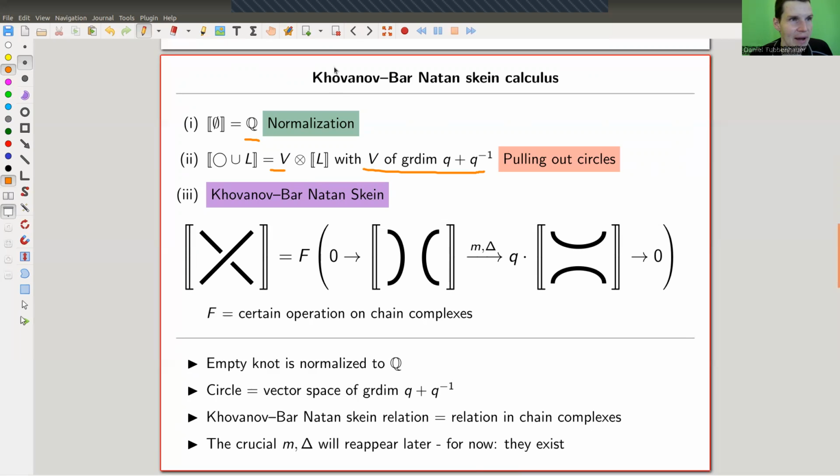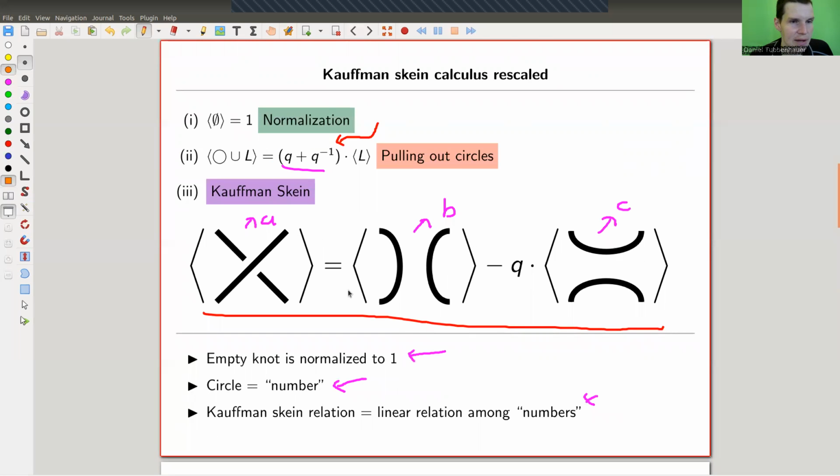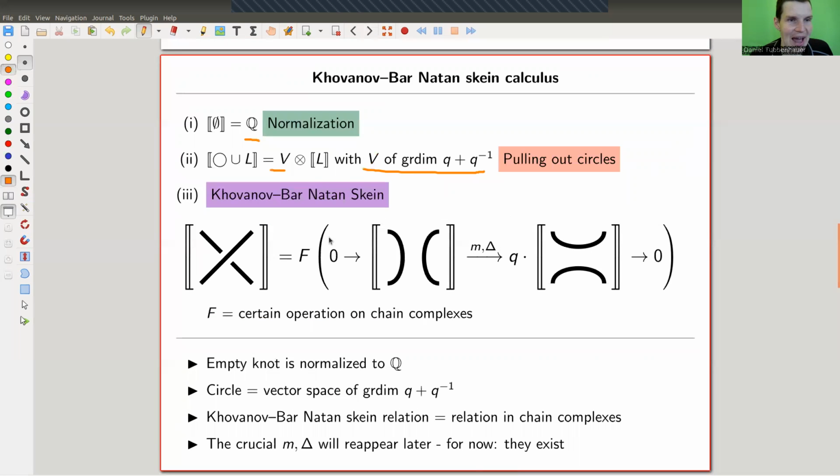And instead of having my linear relation in numbers or in polynomials, I have a linear relation in something more complicated, namely I have a linear relation in chain complexes, which I just write down here abstractly, and at one point, not in this video anymore, I will unravel the definition a little bit. But basically, it's really the same.